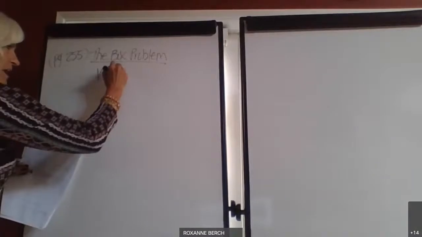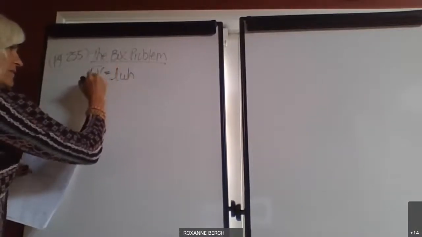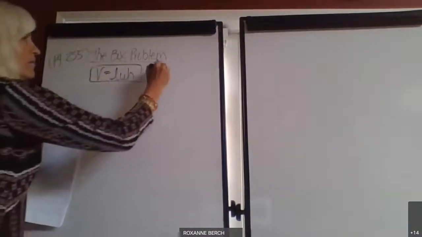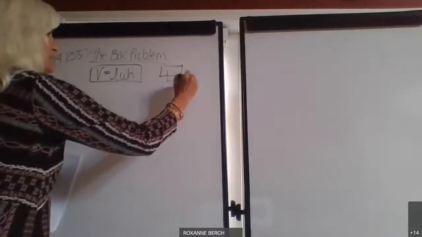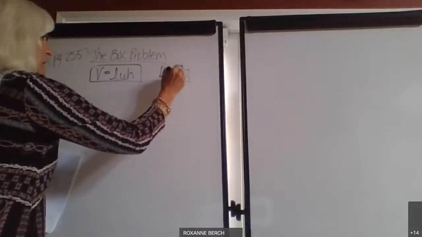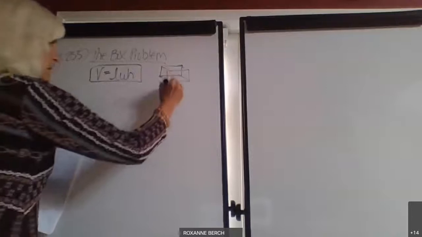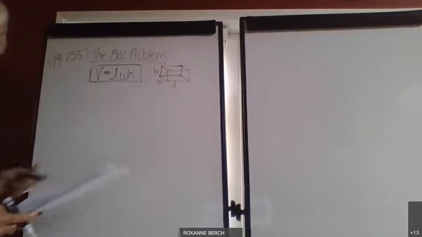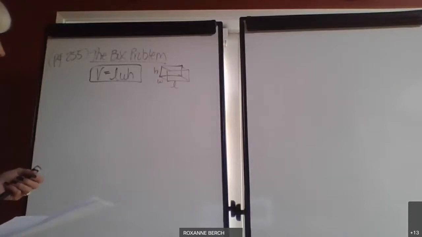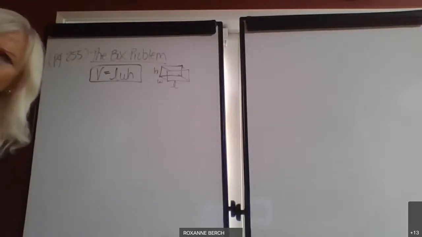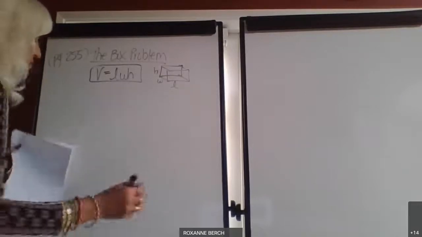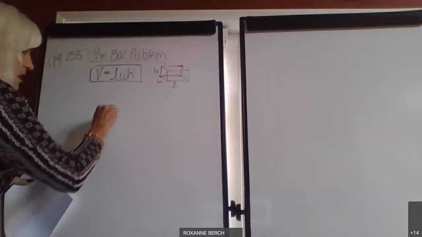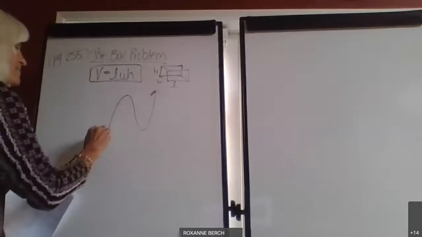Watch. Isn't volume length times width times height of a rectangular prism? Well, isn't volume a cubic? So don't write this down, just watch, I'm explaining this. Doesn't a cubic look like that?